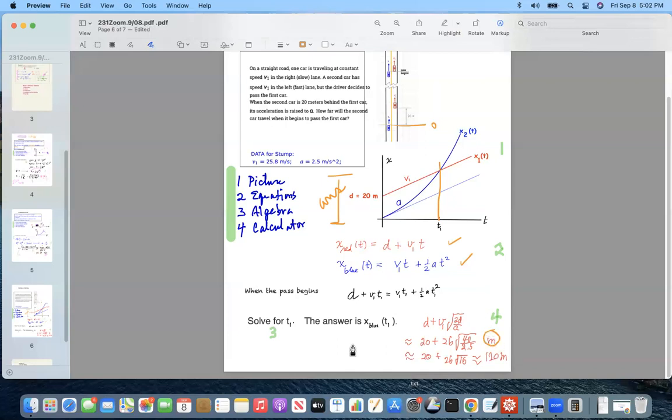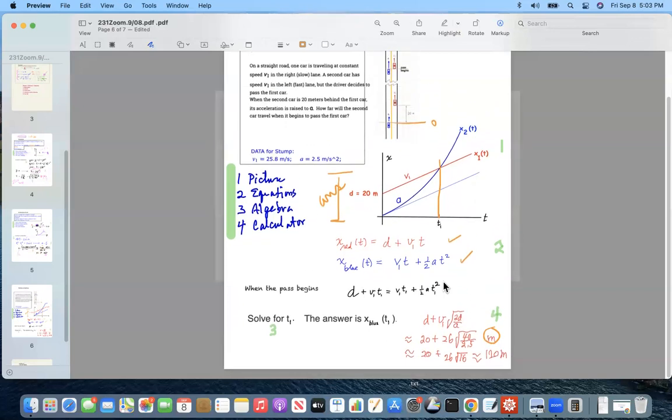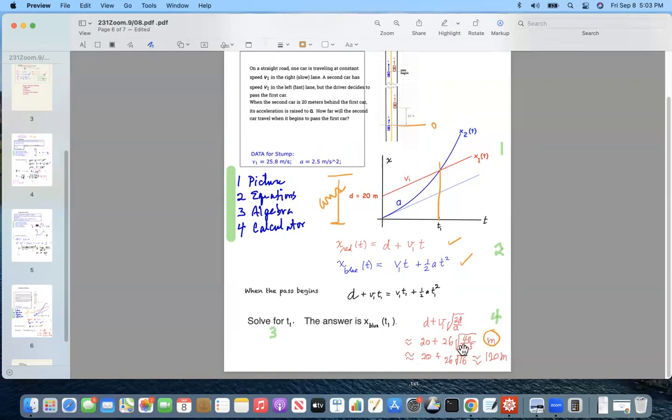The unit had better be meters because I'm calculating a distance. And it is meters because d has units of meters. v times t has units meters per second times seconds, so that's meters. So indeed, it is meters. And you need a calculator now to calculate the number, let's say something like 120 meters.